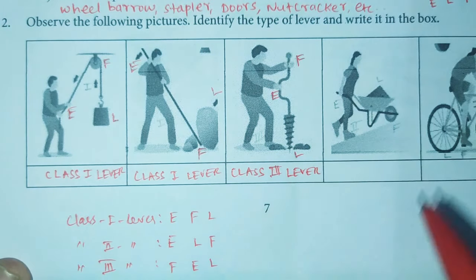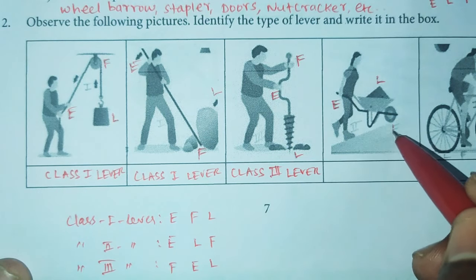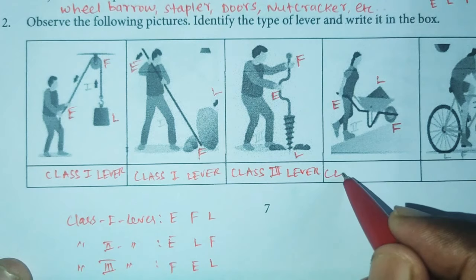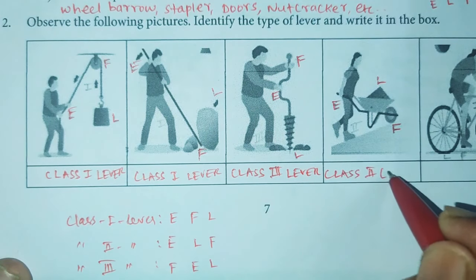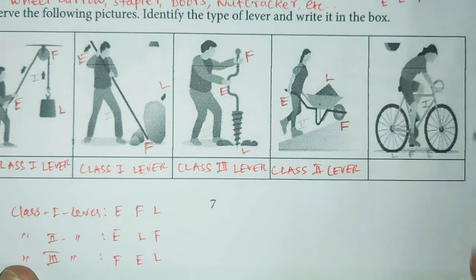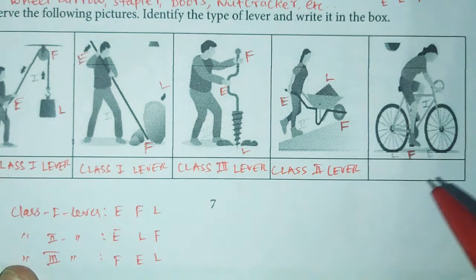Next, this wheelbarrow: this is effort, this is load, this is fulcrum. So ELF is class 2 lever. Next, bicycle, cycling: this is the fulcrum, that chain axis.